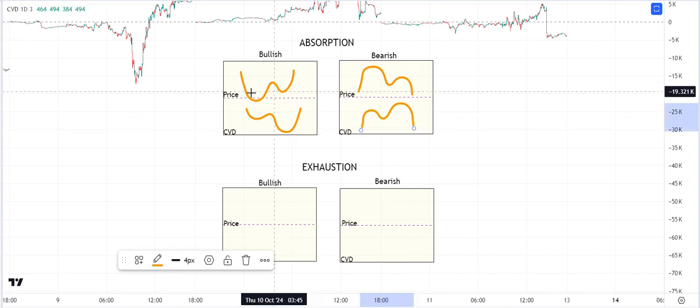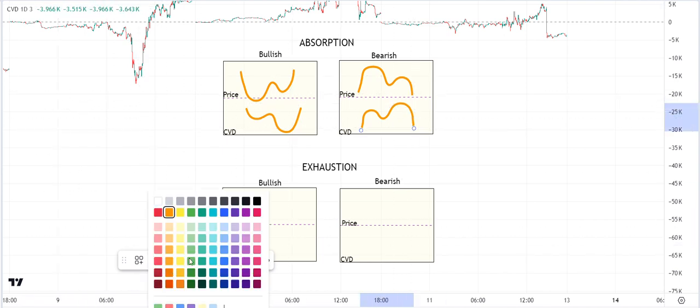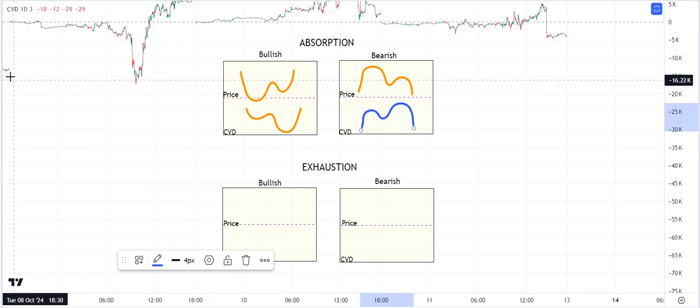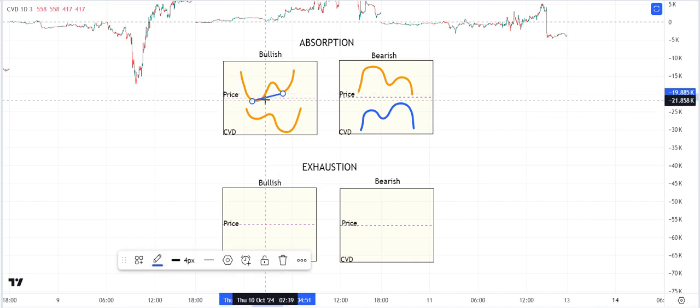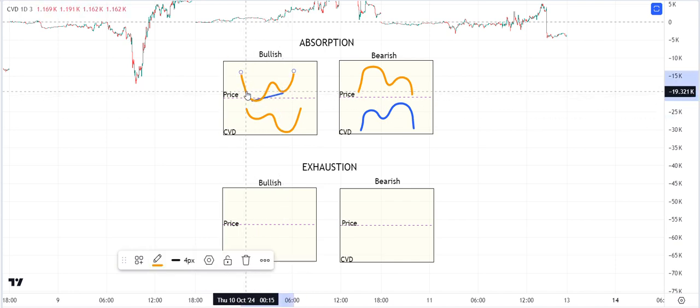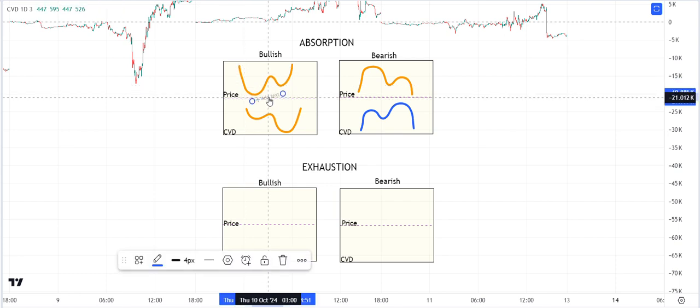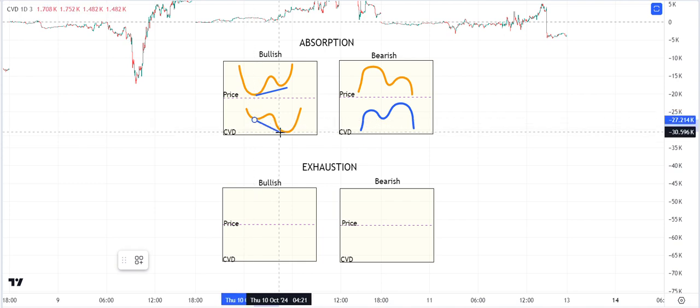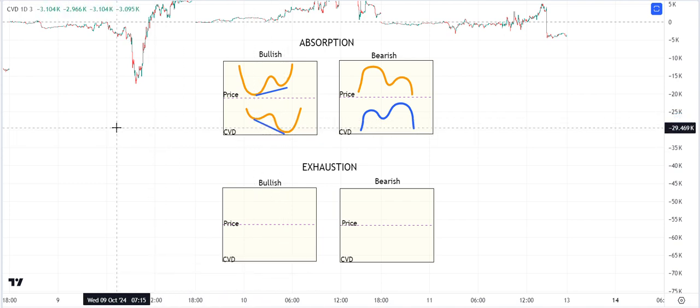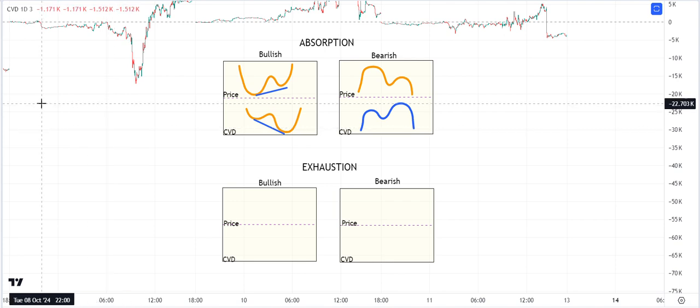These are really crude drawings. Let me change the color. Let me use this. So we'll be making higher highs. Let me actually move this up as well. So we're making higher highs on price, but lower highs on the CVD. Sorry, higher lows on price and lower lows on the CVD.